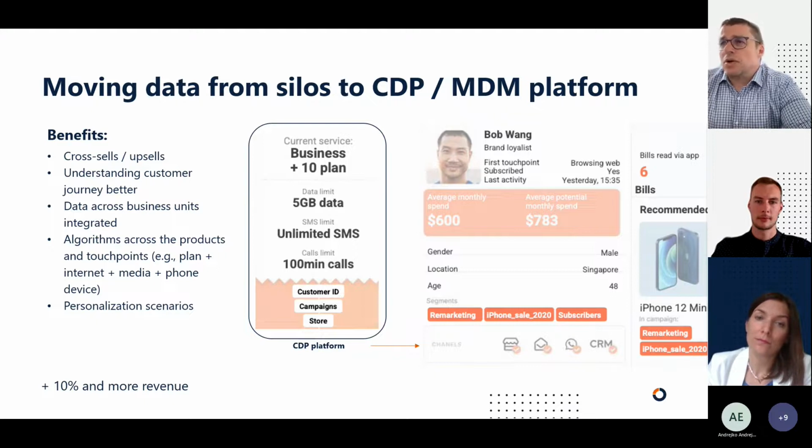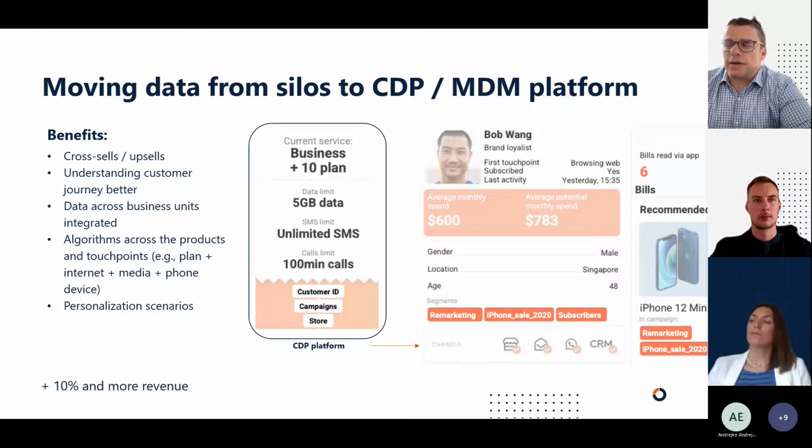What we can do with Bob is basically upsell him according to his needs. When he calls longer, of course, a higher plan, or we can do nice cross-selling with his business plan. It usually goes the way that Bob has two SIM cards.